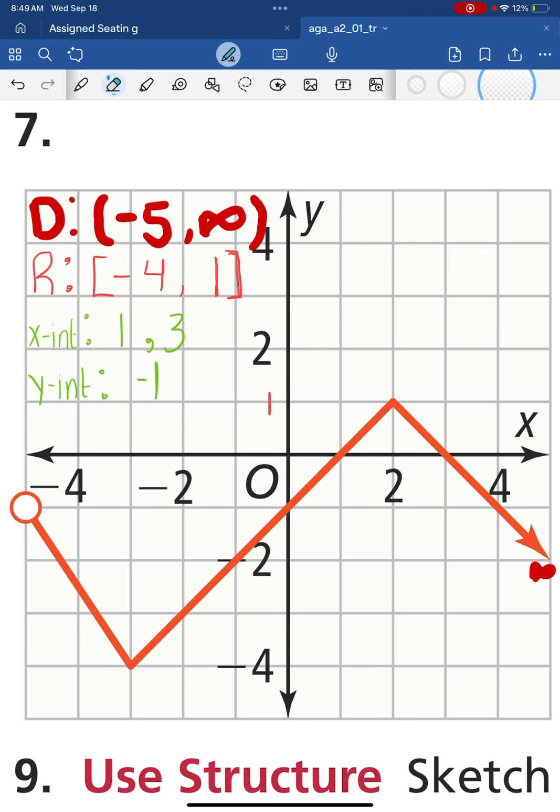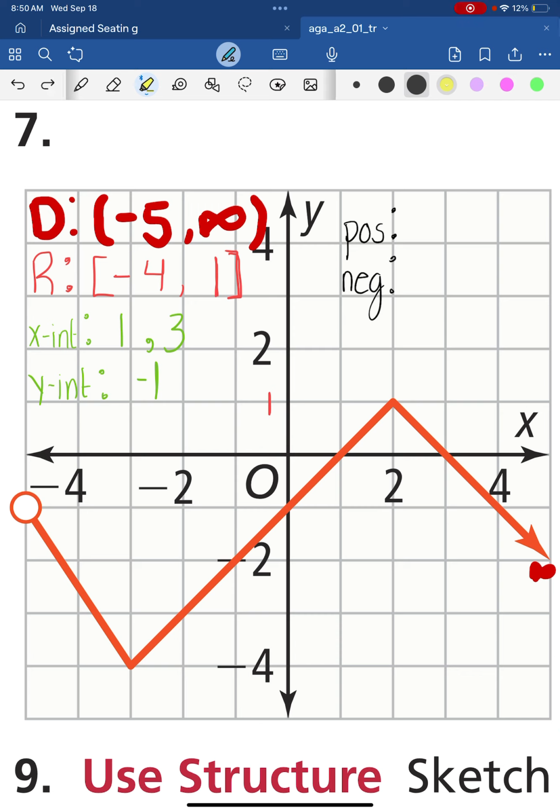And now I have to determine where my function is positive and where my function is negative. So remember, for positive, it's where my function is above the x-axis.